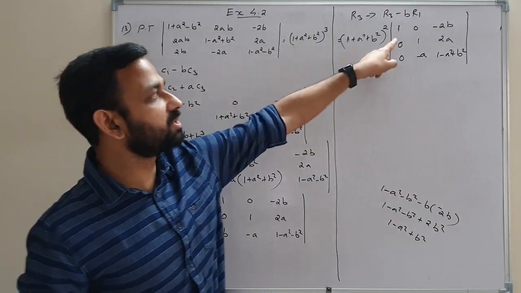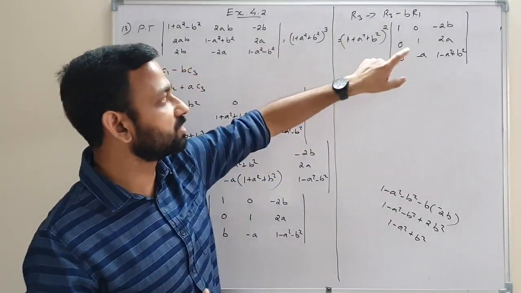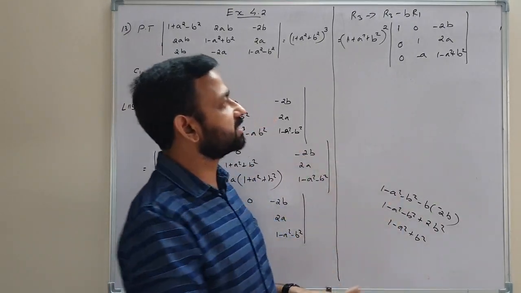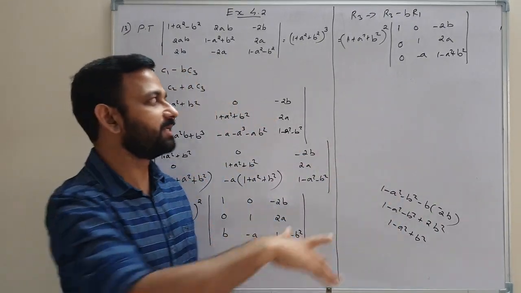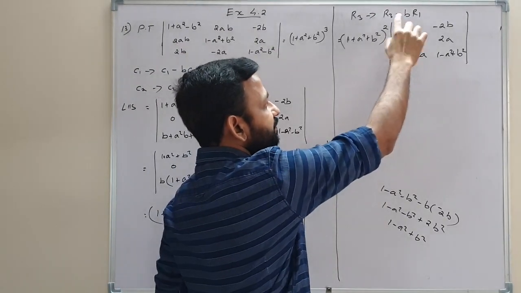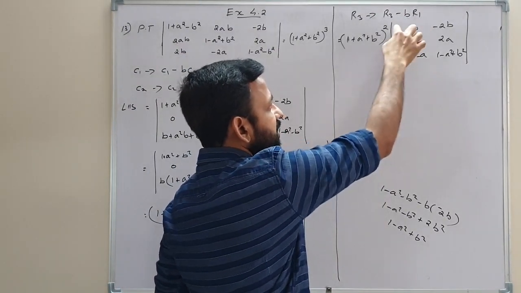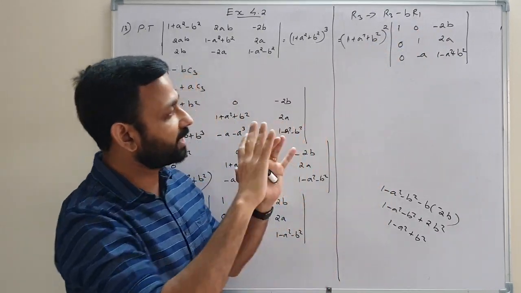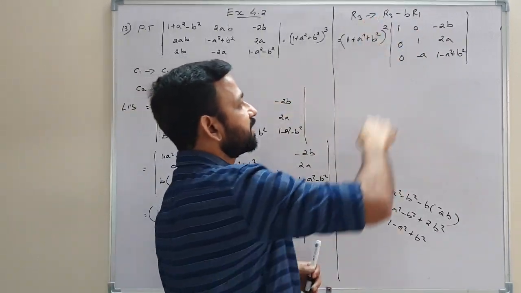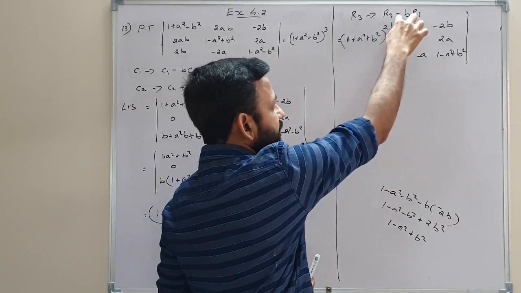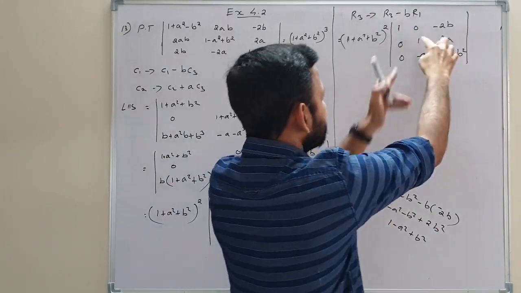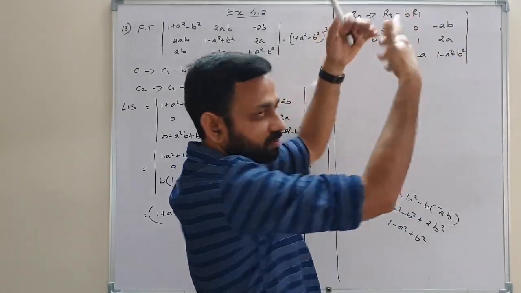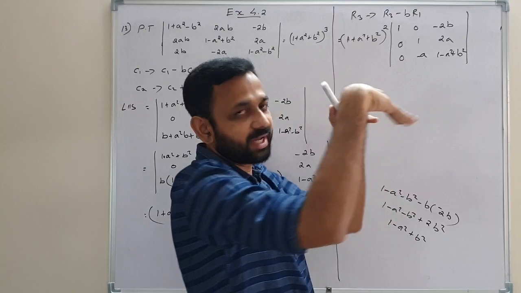Now we got two zeros here. So when we get two zeros and one element there, we can reduce that determinant into a 2 by 2 determinant because we have two zeros here. When we find the value of the determinant by expanding along the first column, the determinant will be 1 into the deleted determinant, minus 0 into that, which will be 0, plus 0 into, again 0.